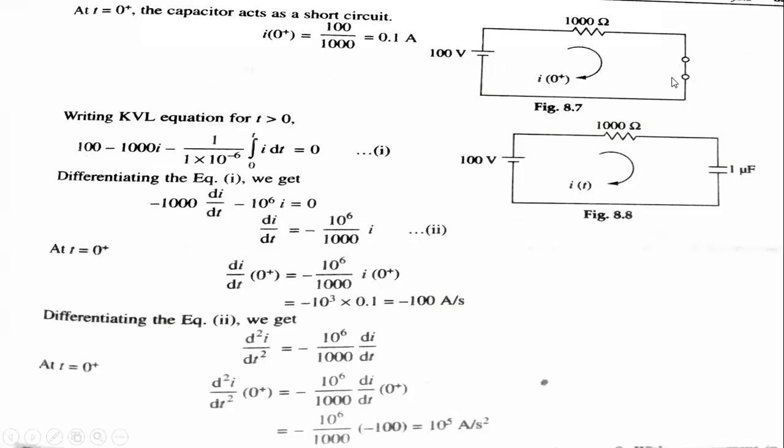Only the capacitor or inductor changes, to a short circuit or an open circuit. As per that, you need to write the current equation, i equals V by R by Ohm's law.